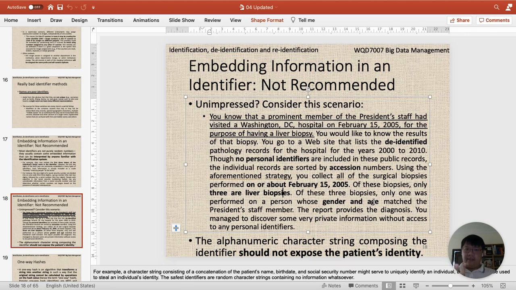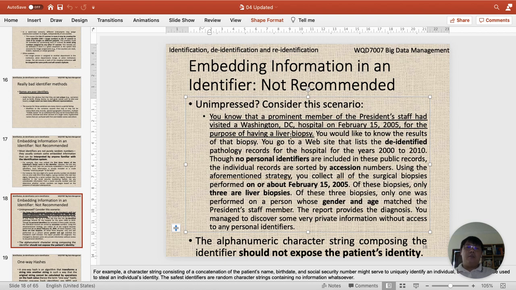So you notice there is personal identifiable information, gender and age, which in general doesn't really give you personal identifying information. But somebody with specific purposes, who knows the date and the purpose of the liver biopsy, and also the gender and age, can cross-match with the pathology records, and then the report on the diagnosis can be matched with this particular president's staff member, even though the data is de-identified.